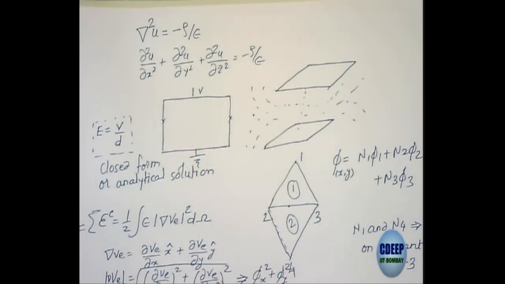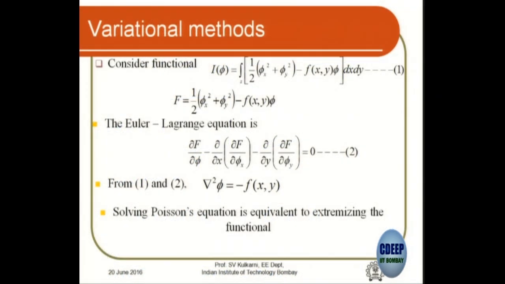It is rho upon epsilon, minus rho upon epsilon in Poisson's equation, right? So the corresponding function can be derived as minus f phi, right? And then you have the Euler-Lagrange equation for two independent variables x y as given there.